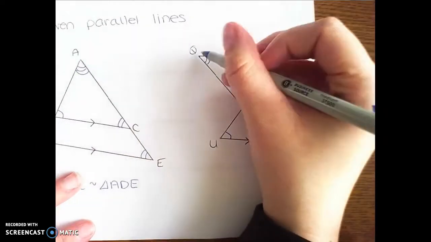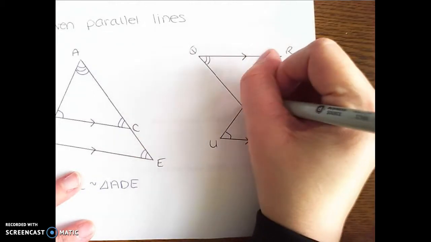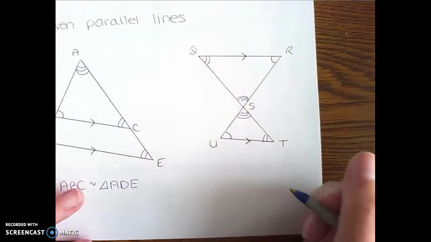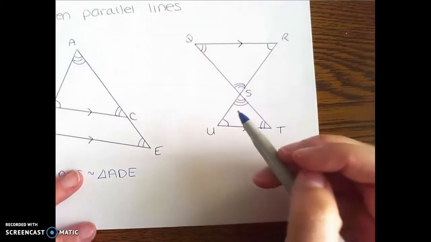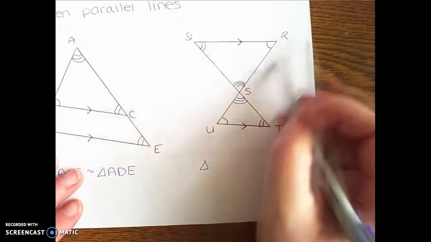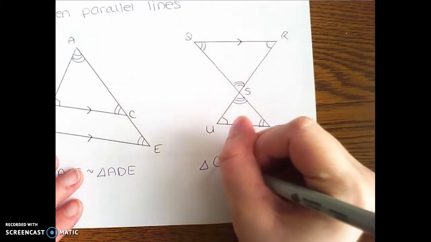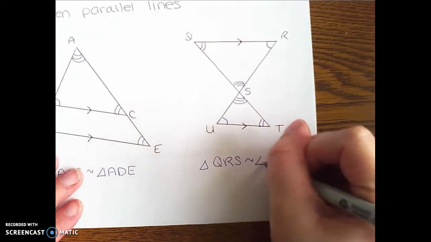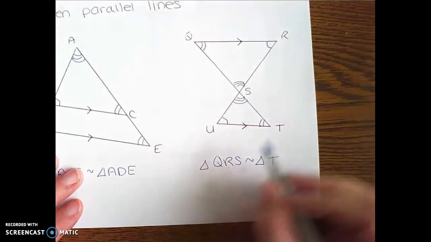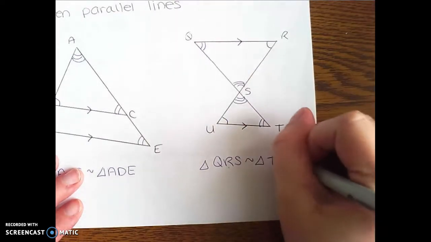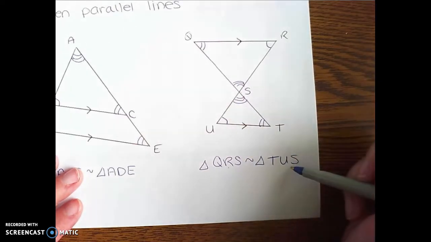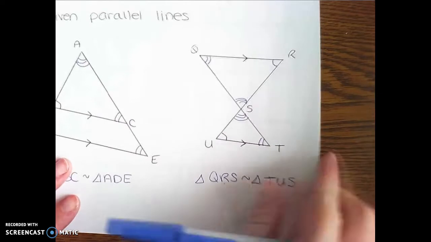And I know that angle QSR is congruent to angle UST because they are vertical angles. So now again, I can write my similarity statement easily. I'm going to start with this triangle here, QRS, similar to triangle TUS. Q corresponds with T, R corresponds to U, and S corresponds to S. Now I have my similarity statement, and now I can move on with the problem.